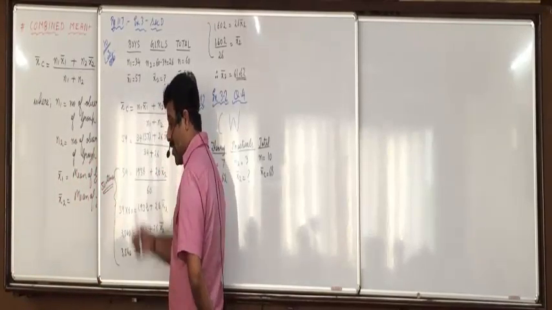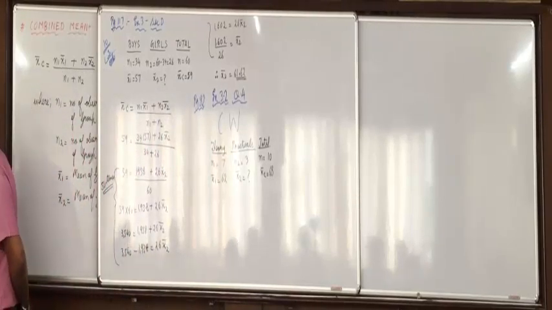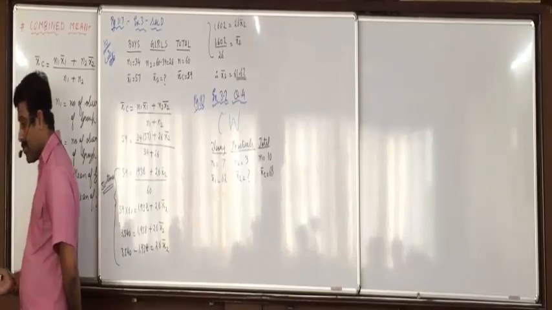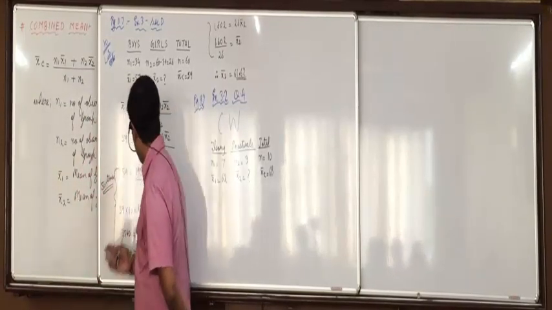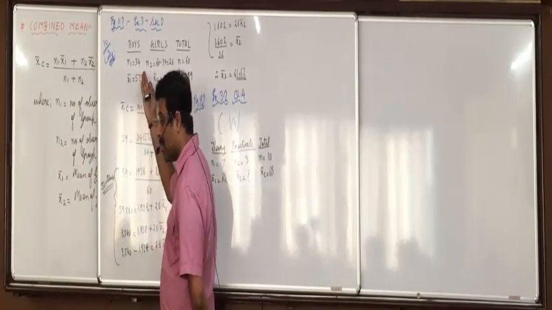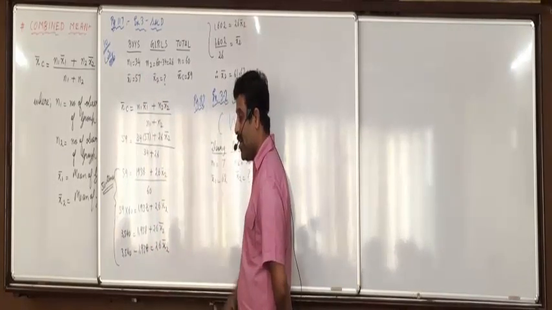So put that value in the formula. In N1 we had put 34, N1 is written as 34. What is N1 written over here? So put that value in the formula. Everything is written already.